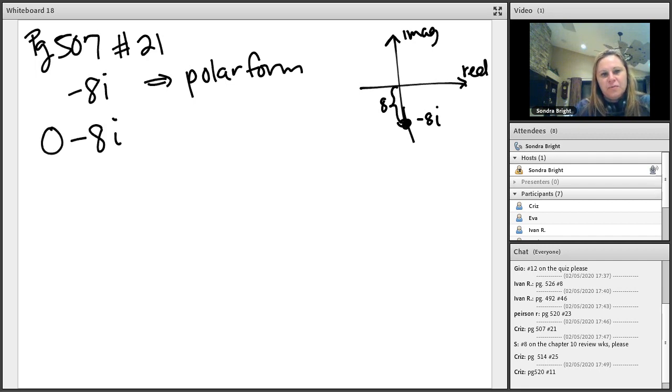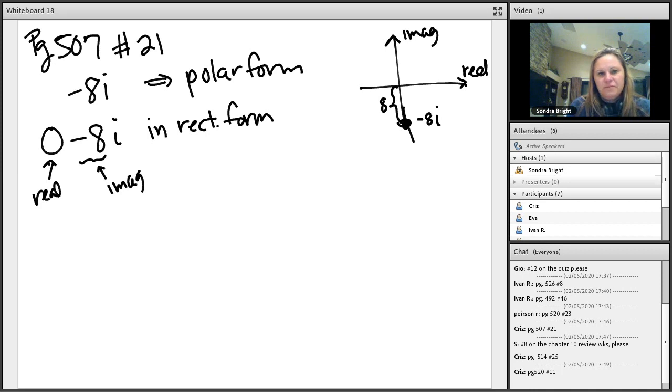That's in rectangular form. Negative 8i is in rectangular form also, but I'm making it more obvious: 0 is my real part, and then negative 8 is your imaginary part, right? And that's how I knew that you're graphing the point 0, negative 8 on the complex plane.